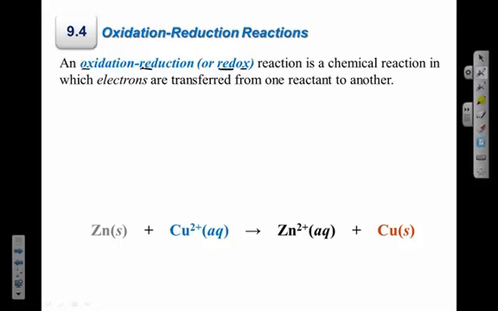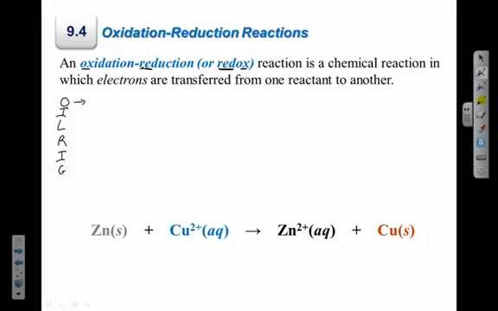So to understand a redox reaction, some people use the mnemonic OIL RIG, and that can be a useful way to remember it.